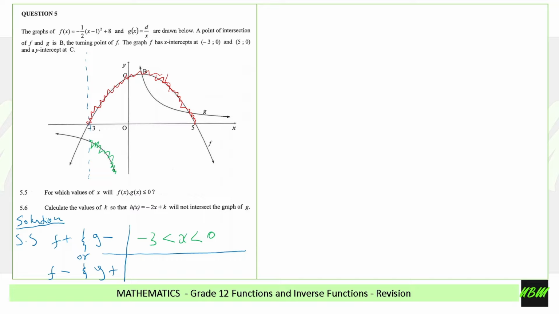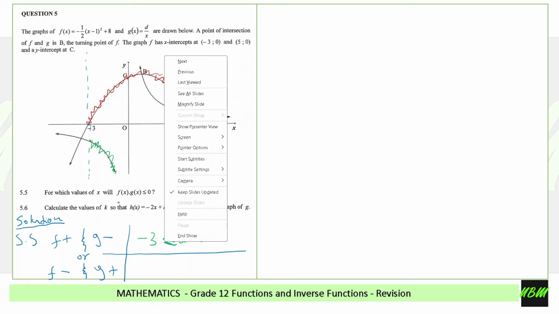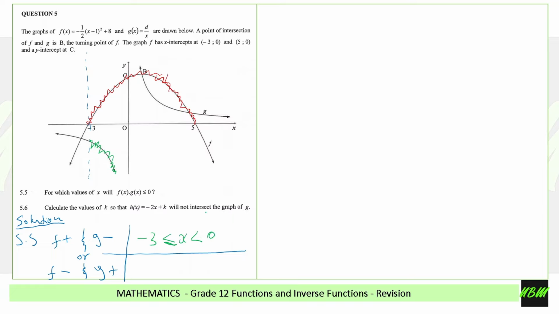Therefore, 0 times a negative value of y will be 0. So -3 we are including in our solution, because where x is equal to -3, y of f is 0, and 0 multiplied by y of g will give us 0. Then we get the equals to 0 part.